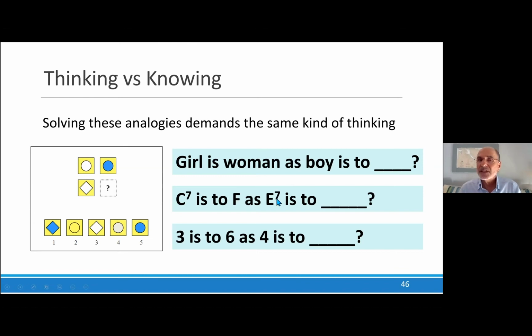C7 is to F as E7 is to... If you're a musician, you know the answer is A major. So even though all four of these questions demand the same kind of thinking, they do not require the same amount of knowing.